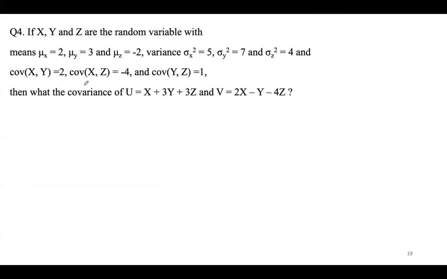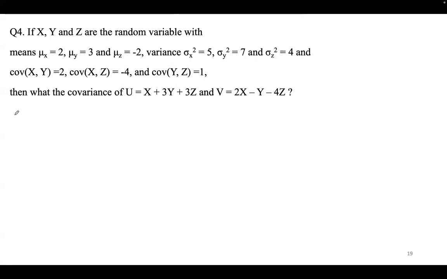And I think I just have one final question. This is a very similar question to the one that's there in your assignment. So X, Y, and Z are random variables with 3 different means and their respective variances, and all the pairwise covariances are also given. What's the covariance of 2 new random variables U and V, which are some combinations of X, Y, and Z?